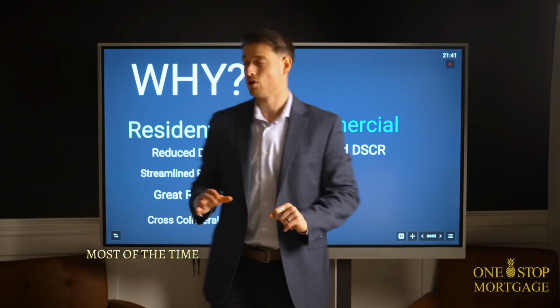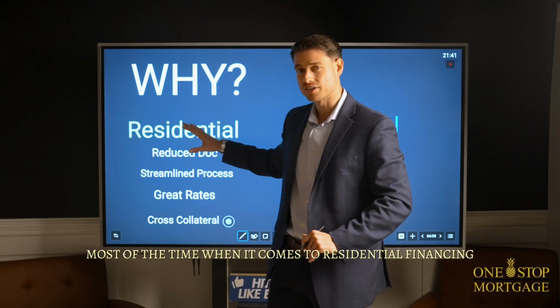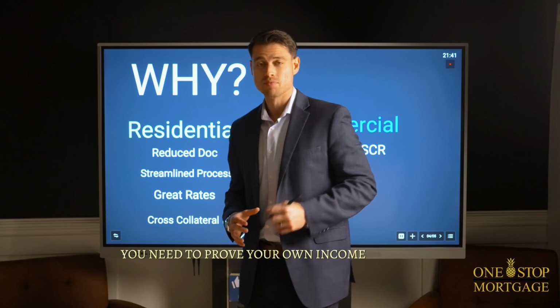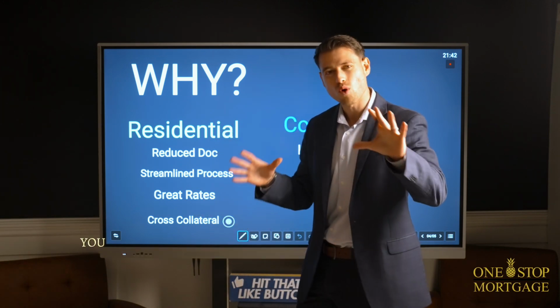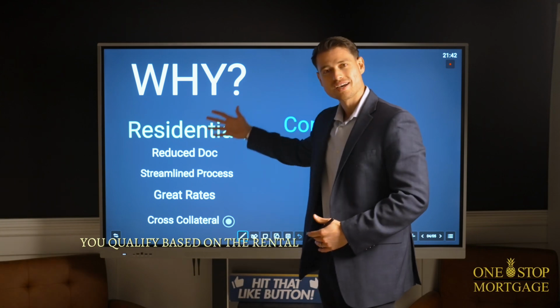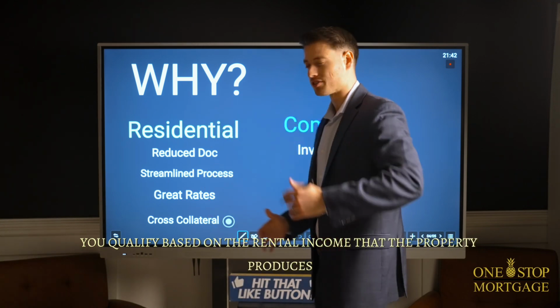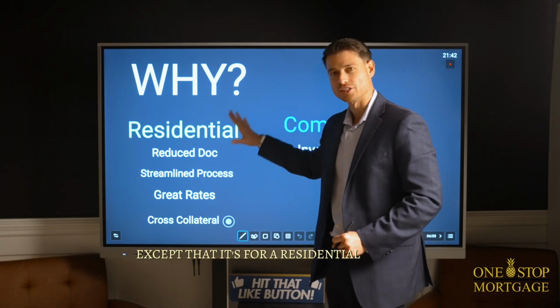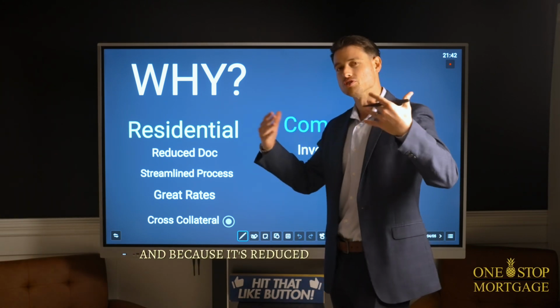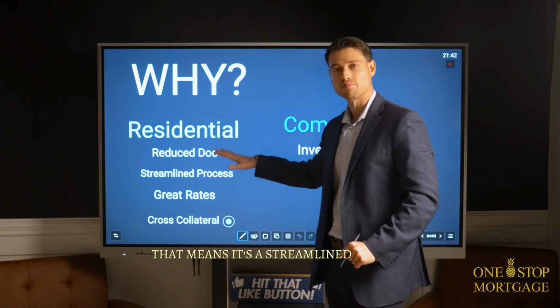Most of the time, when it comes to residential financing, you need to prove your own income. But with a DSCR loan, you don't need to prove your own income. You qualify based on the rental income that the property produces, just like a commercial loan, except that it's for a residential property.